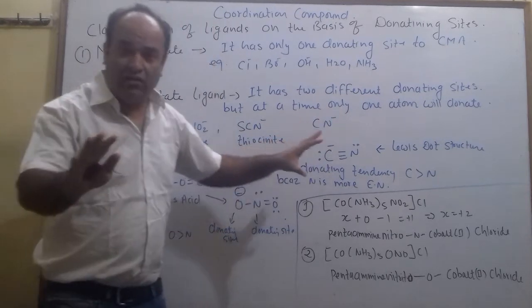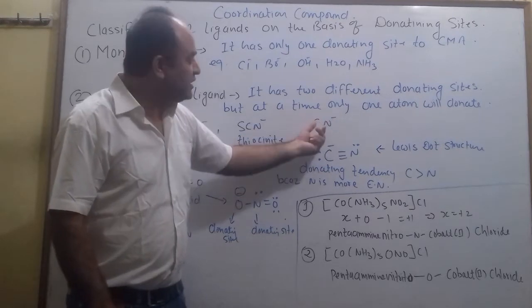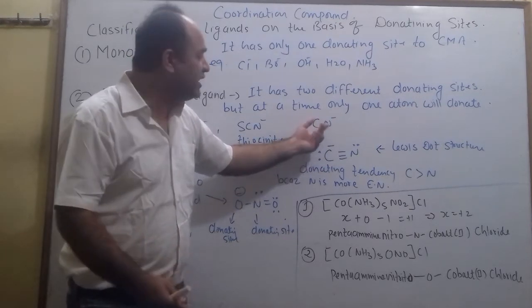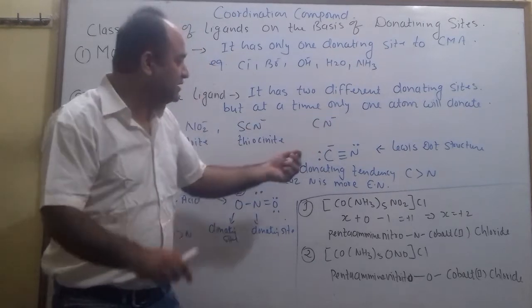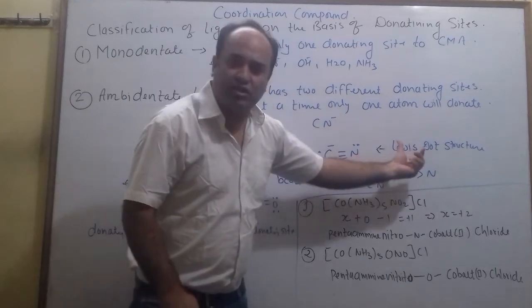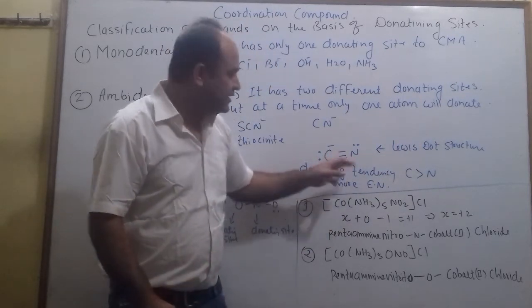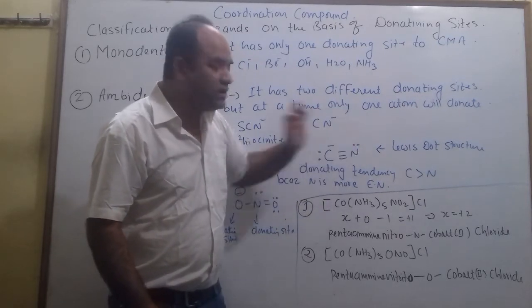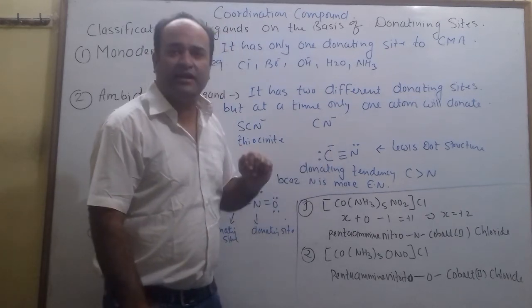Now it is very interesting. I would like to take the example of CN minus. Generally, it seems to students that nitrogen has the minus charge, but it is not that. If you look at the Lewis dot structure, everybody knows the Lewis dot structure of cyanide: C triple bond N, and on N there is a lone pair present, and on C there is a minus charge.